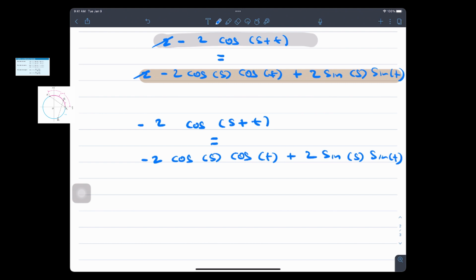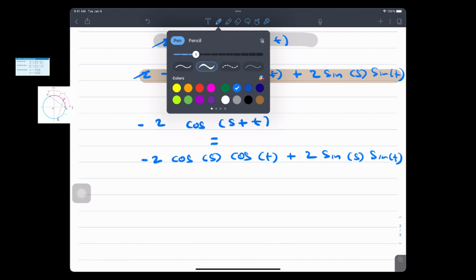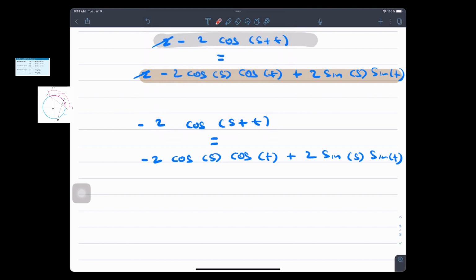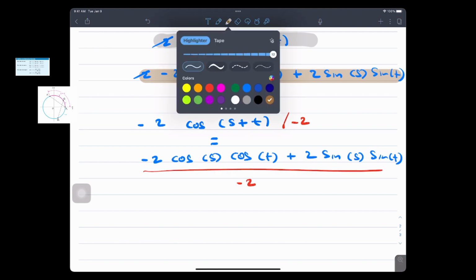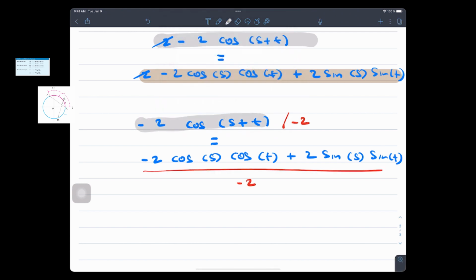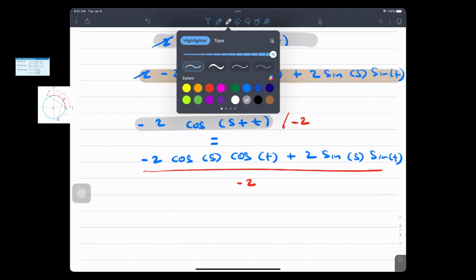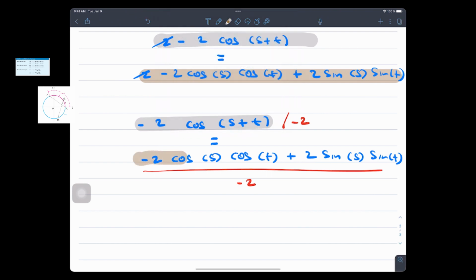All right, now we could do a couple of things. We could divide both sides by a negative 2. Let's do that. We still have the first equation in gray divided by the next equation in gold. Let's see what we end up getting here.